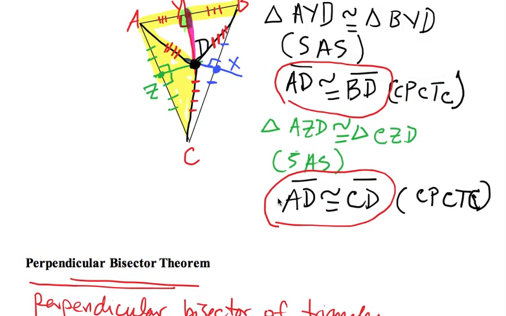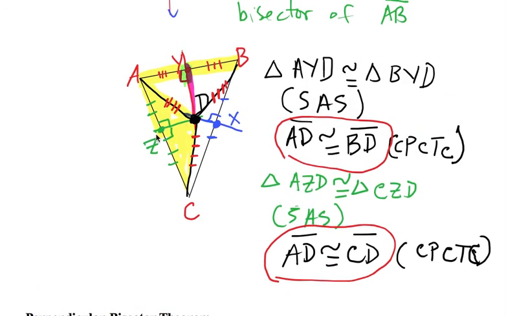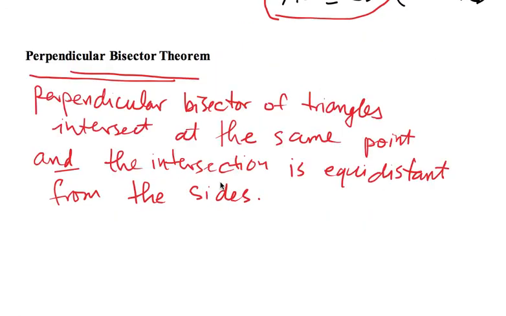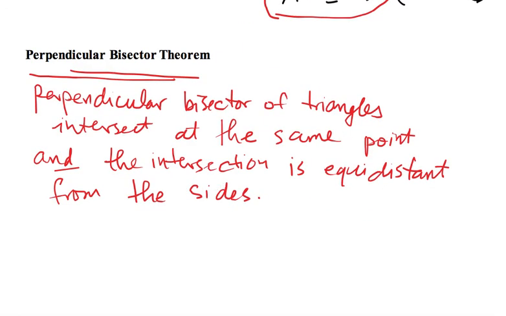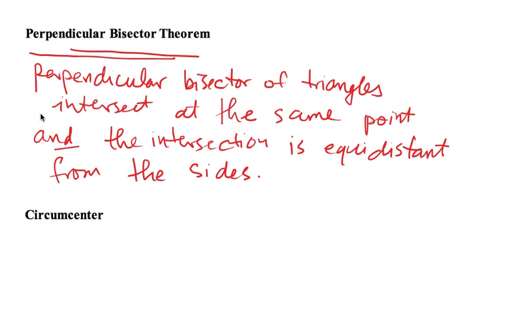So we look at our example up here. When we took the perpendicular bisectors, that's this green line, this blue line, and this red pinkish line right here, they intersect at the same point, and that point is also equidistant from each of the corners, namely point A, point B, point C. The intersection of that point is known as the circumcenter. So the circumcenter is the point where the perpendicular bisectors intersect.